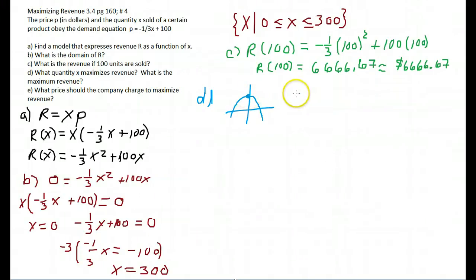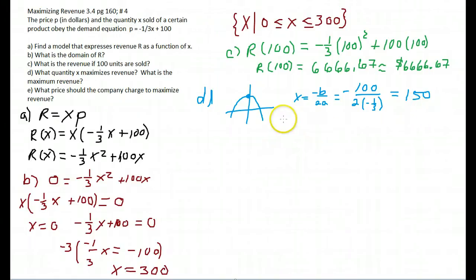So we are going to use the formula x equals negative b over 2a. A is negative 1/3, b is 100. So negative 100 over 2 times negative 1/3. When I simplify this, we get that x is equal to 150. That is the x-coordinate of the vertex.